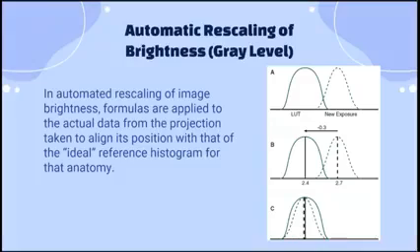Okay, so in order for us to rescale the brightness, in automated rescaling of image brightness, formulas are applied to the actual data from the projection taken to align its position with that of the ideal reference histogram for that anatomy. So in this portion, you can compare it to what I explained a while ago about the LUT. Diba?